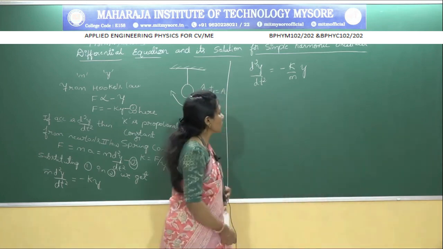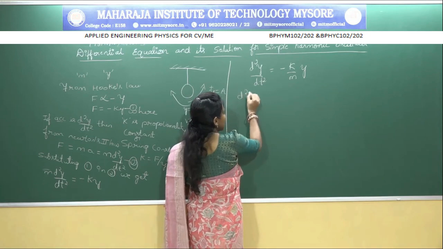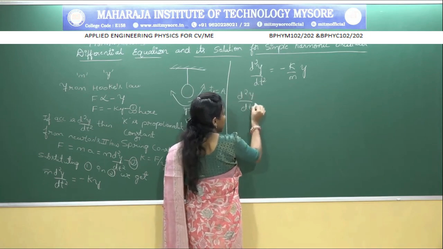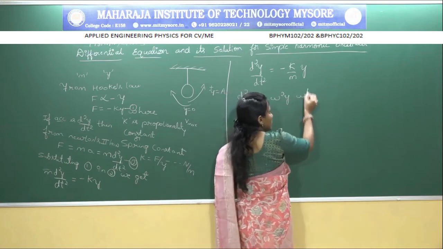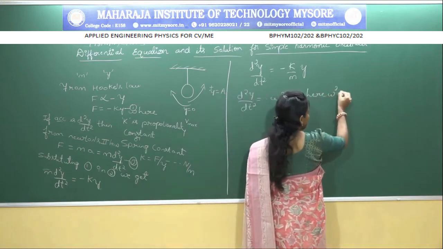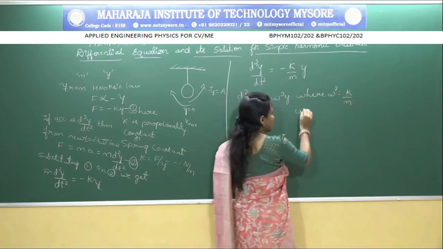This can be written as d square y by dt square is equal to minus omega square y, where omega square is equal to k by m, and omega is the angular frequency.